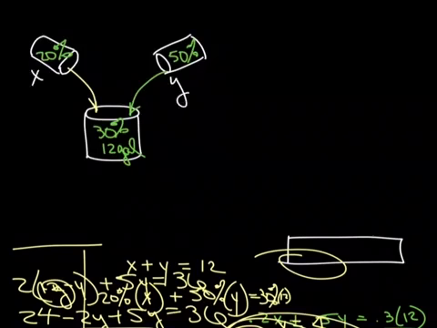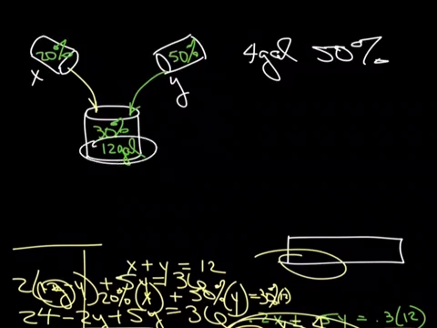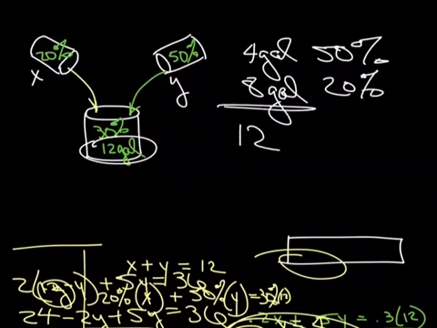So we need 4 gallons of our 50% solution, and since we're trying to get 12 gallons, I need 8 gallons of my 20% solution, so that when I add these up, I get 12 gallons.